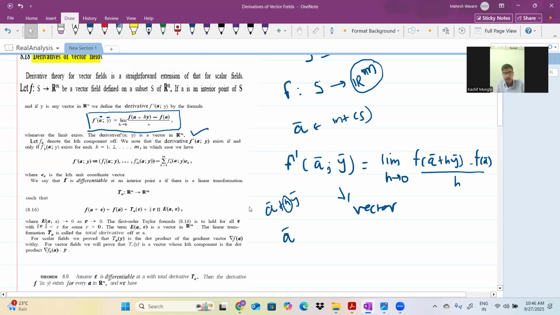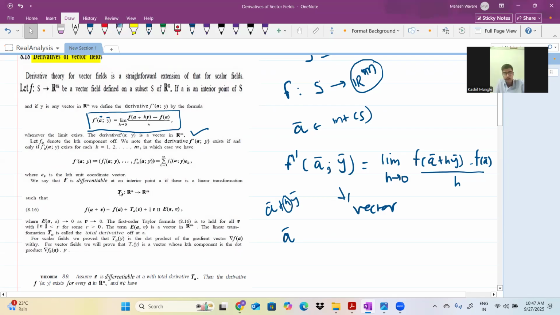F is differentiable at interior point A if there exists a linear transformation induced by this A from Rn to Rm. Now that S may not be a vector space. Whatever domain is mentioned here, it may not be a vector space. As far as linear transformations are concerned, you should choose a vector space. So in general, Rn is a vector space and Rm is also a vector space.